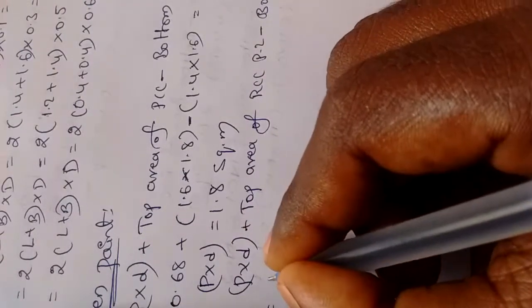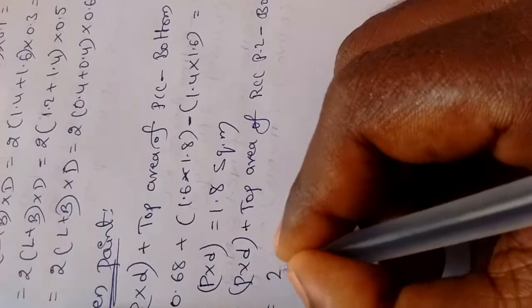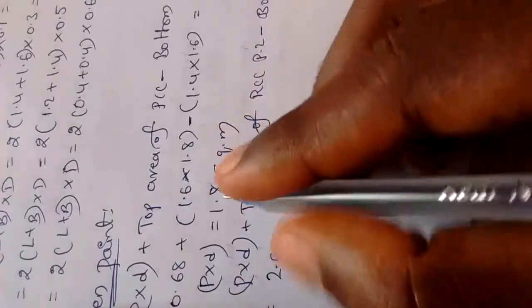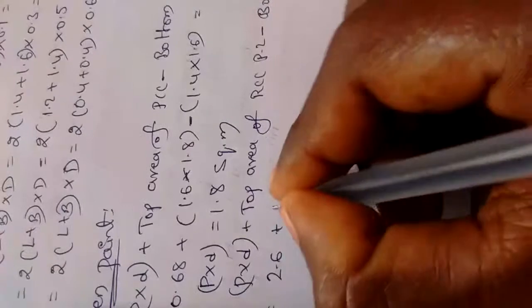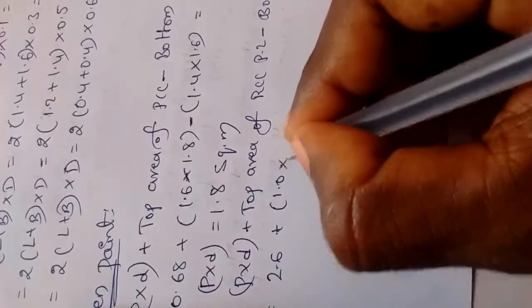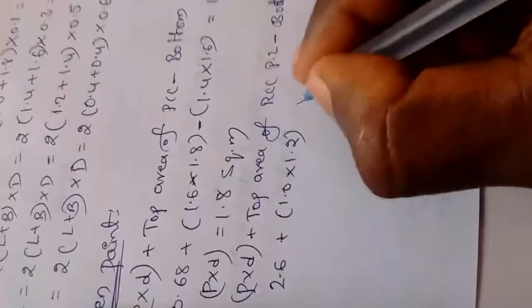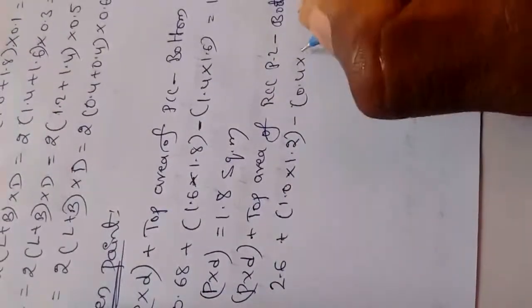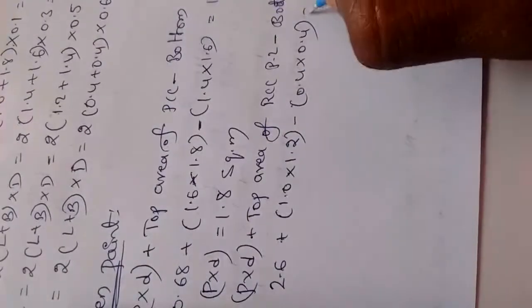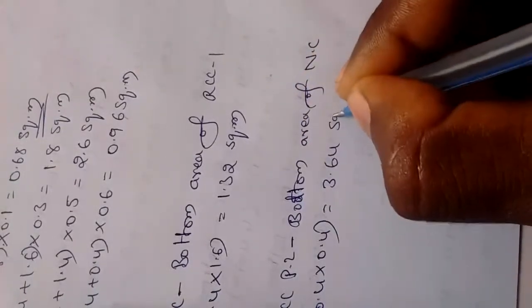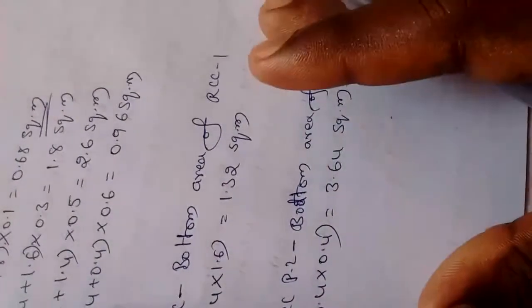Perimeter into depth, shuttering area is 2.6. Top area of RCC equals 1.0 into 1.2 meters minus neck column area 0.4 into 0.4. Total you get 3.64 square meters.